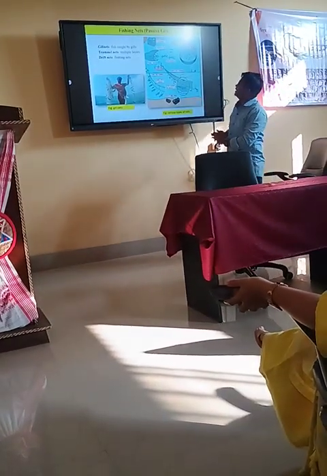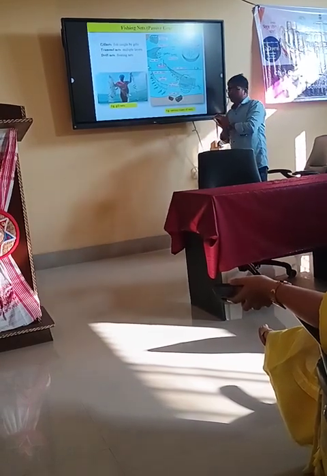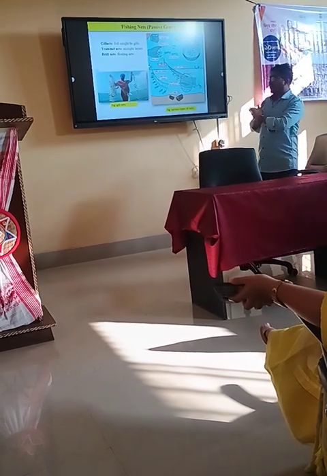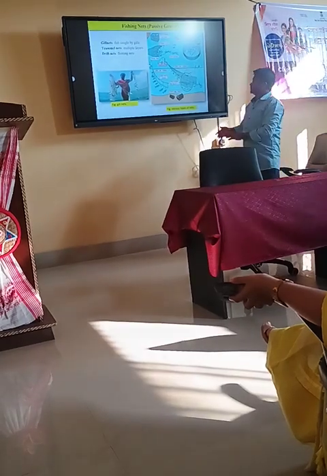And here you can see the drift nets. Drift nets means the net is placed in a line where the water passes or flows.